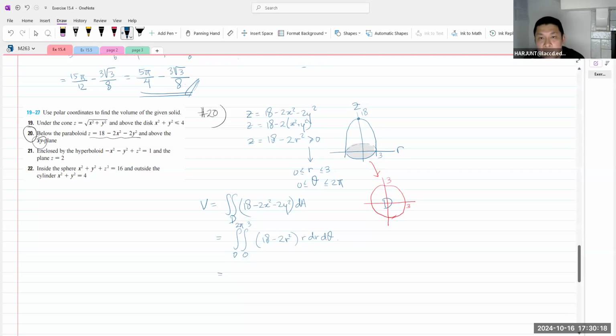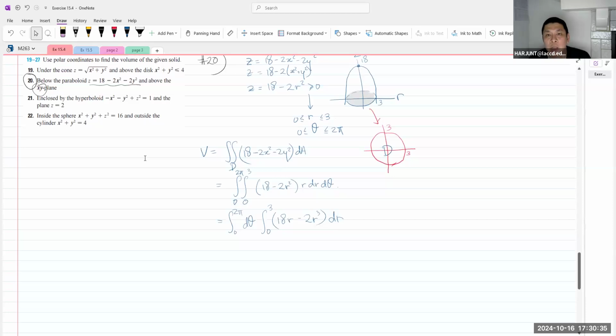This is integral from 0 to 2 pi d theta, integral from 0 to 3 of 18r minus 2r cubed dr. Why do it that way? Because I want to benefit from the fact that we integrate with respect to theta, but there's no theta inside the integrand, so it will be just the length of the interval here.